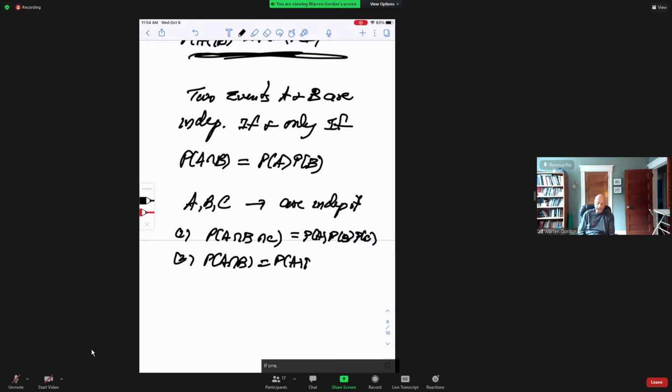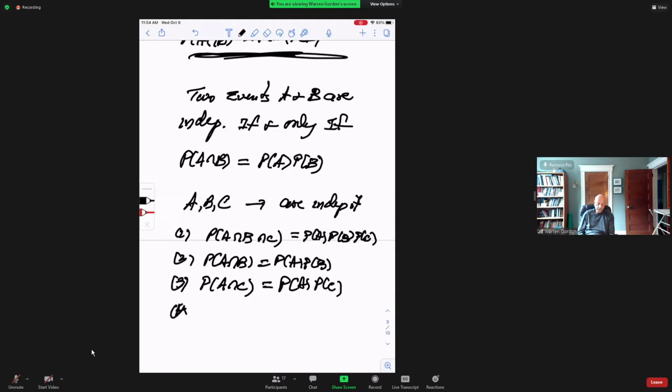All possible combinations. So if you have three events, they're independent if all possible intersections are equal to the product of their individual probabilities.